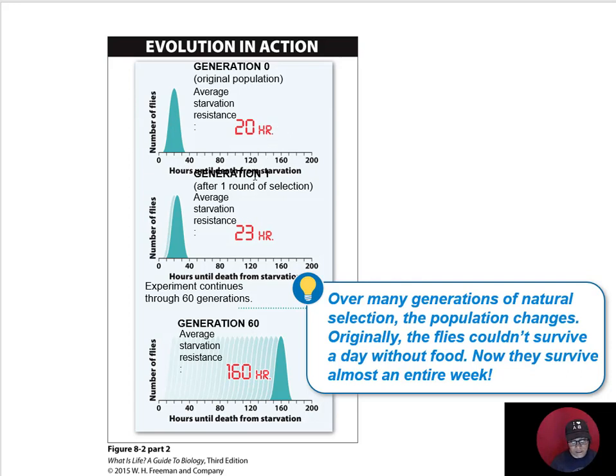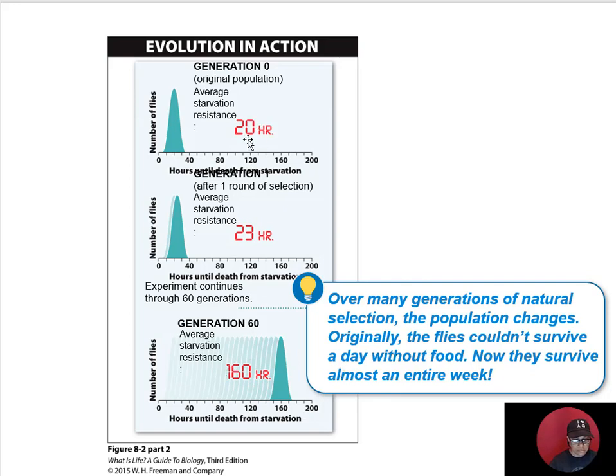But as this experiment went on with each round of selection, selecting for the most starvation resistant fruit flies, it turns out that in the end, the last generation that they finished the experiment with could actually survive almost an entire week without food, which is amazing.